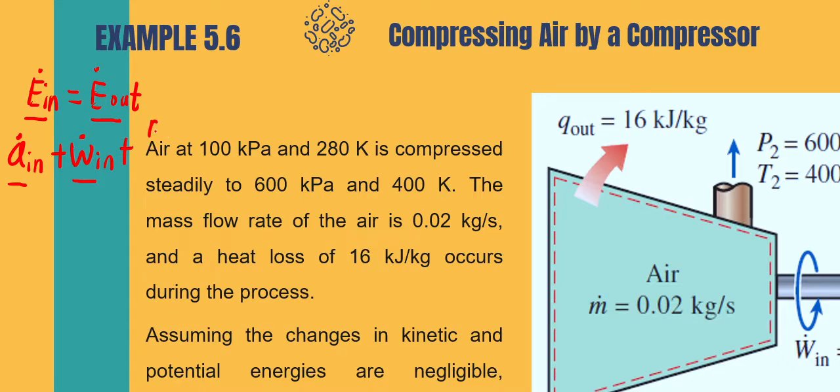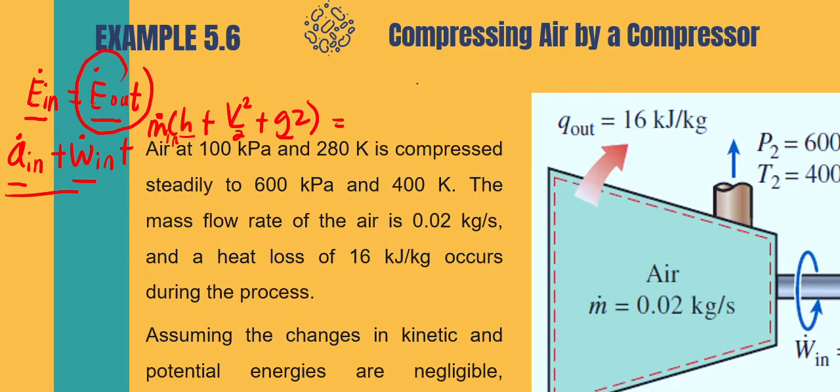The previous one, the energy transport by mass is m times (h plus V squared over 2 plus gz). This is enthalpy, this is kinetic energy, this is potential energy. And then what is the rate of energy out?